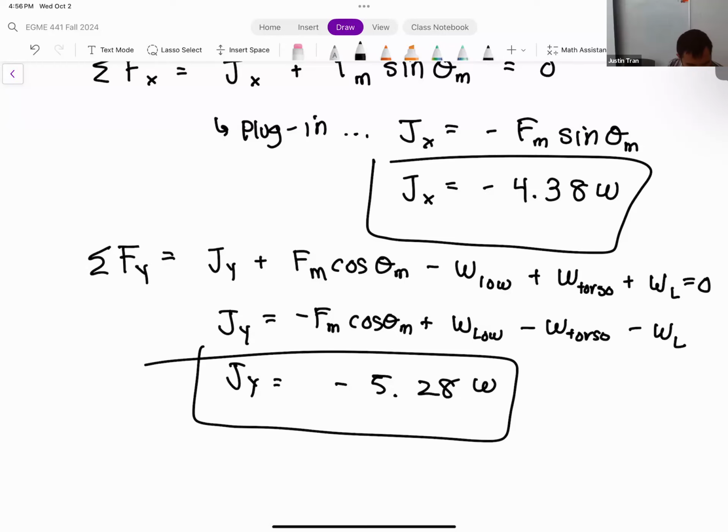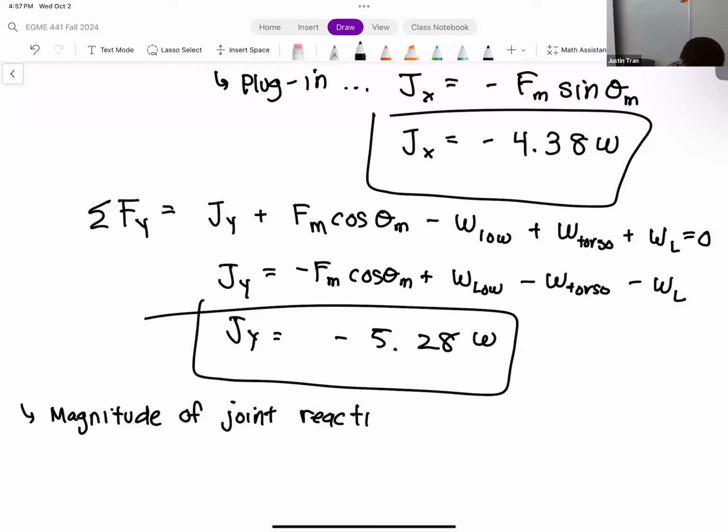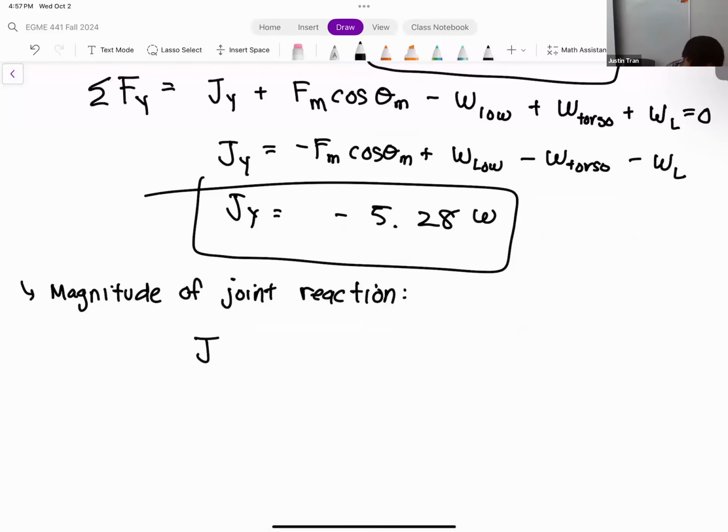So we can take these two things and compute the magnitude of the joint reaction force, right? That's oftentimes really useful because you often want to know what the total force is. To take the magnitude, we're going to take the square root of Jx squared plus Jy squared.